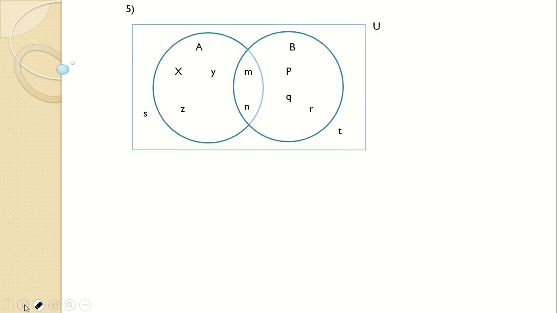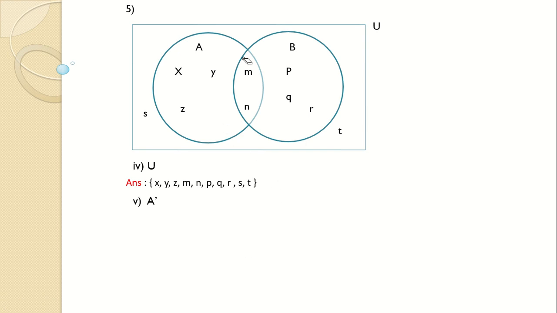Then next, U means the universal set. This is U. So all the elements that are here will be written. Don't write this A and B because they are the names of the sets. So X, Y, Z, M, N, P, Q, R, S and T. These are the elements that we will write in the universal set. Then A complement.